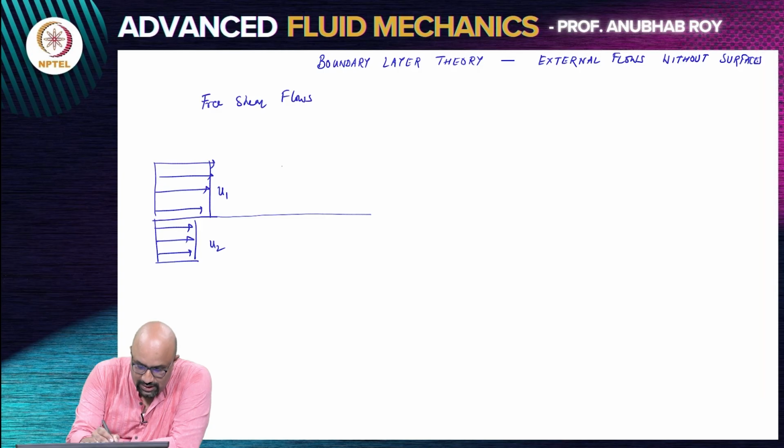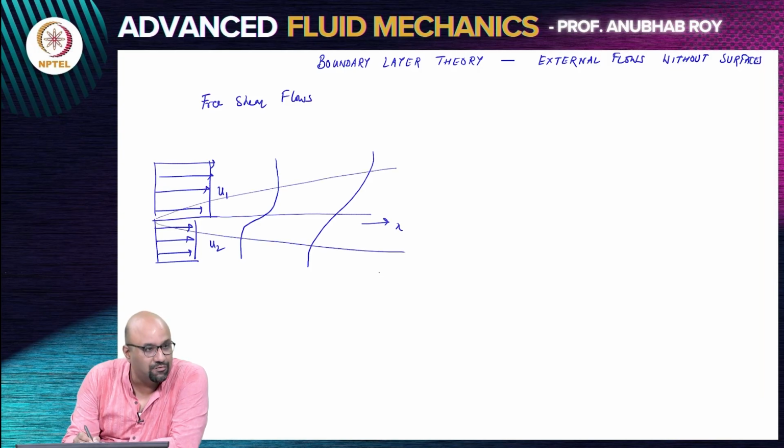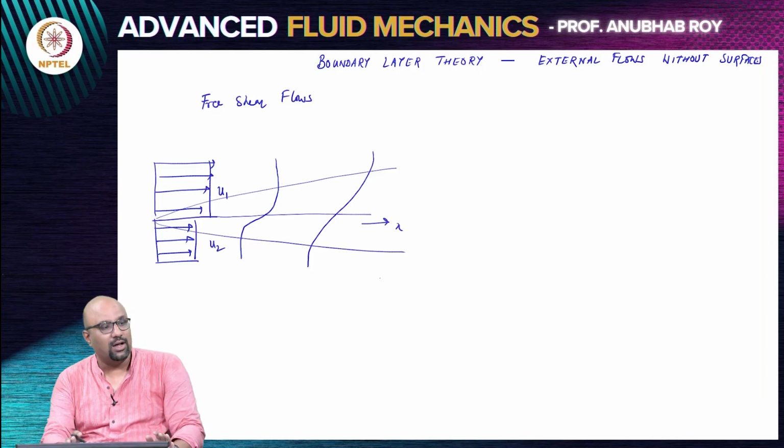And as you now inspect this in space, this is a propagation in space. As the flow evolves in space, you are going to observe that viscous diffusion is going to lead to the spreading of vorticity away from that interface.